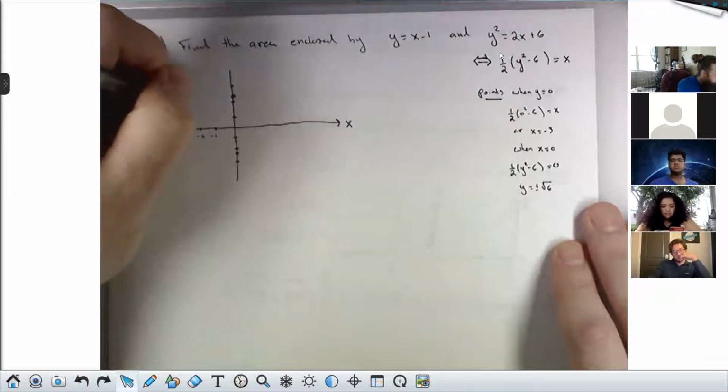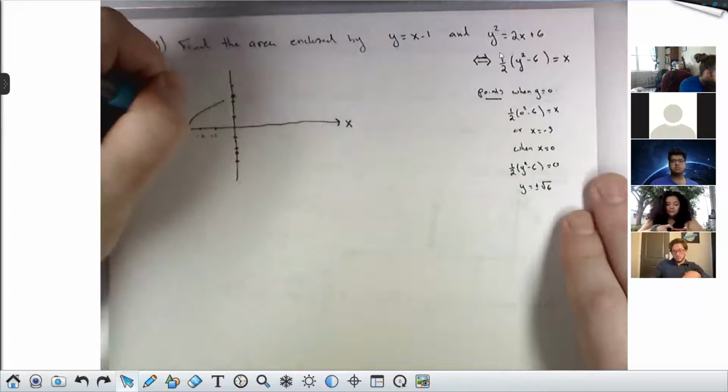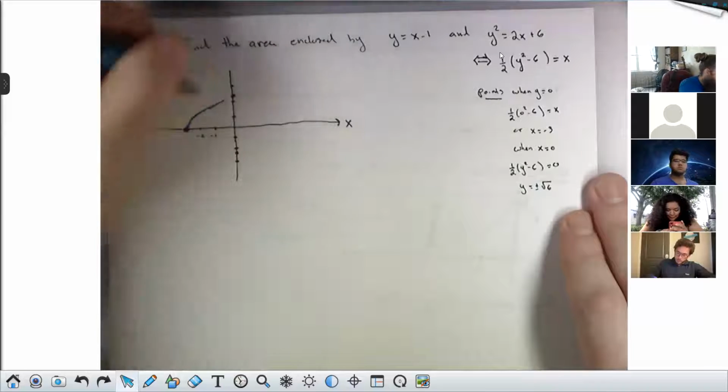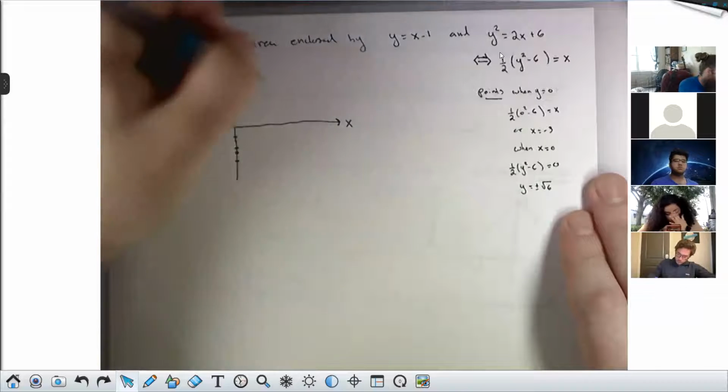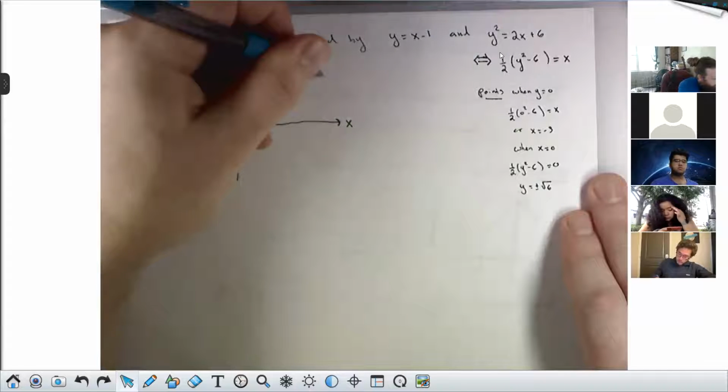So, I should use color here. Let me use blue for the left function before, right? So here's that first curve.